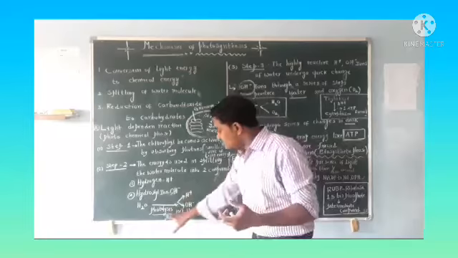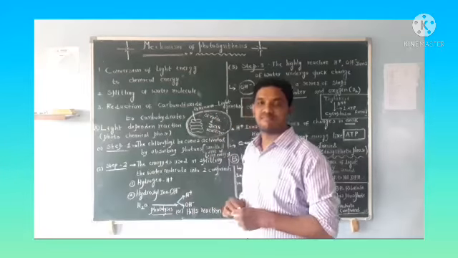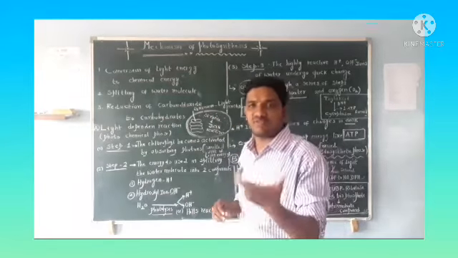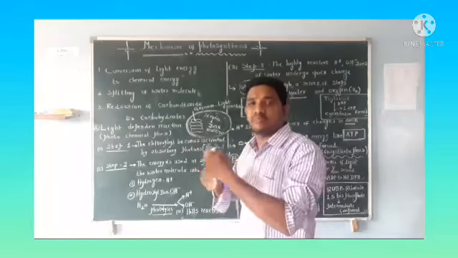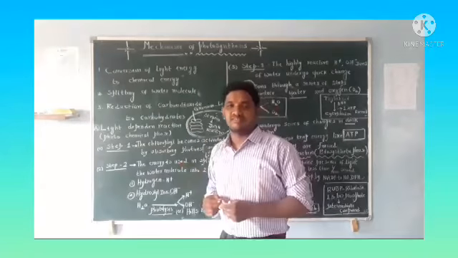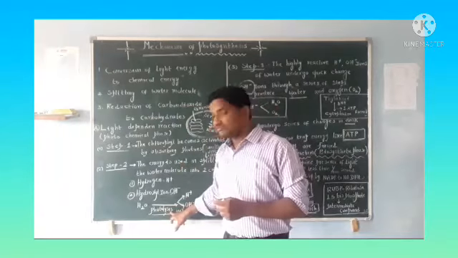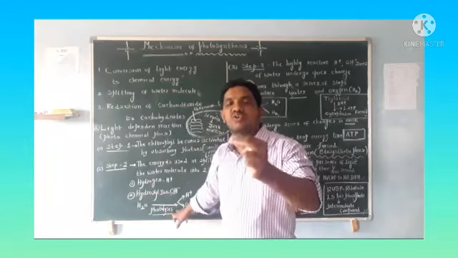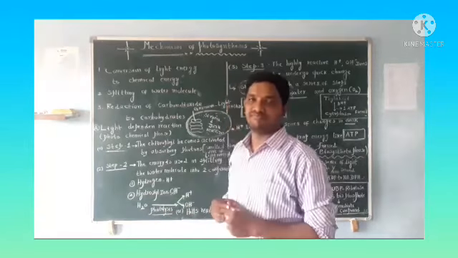When this light energy is used for splitting the water molecule into H+ and OH- ions, this reaction is called photolysis. Photo means light. With the help of light, water molecules split into two components. This reaction is called photolysis of water.